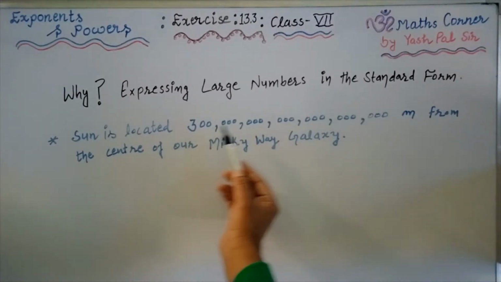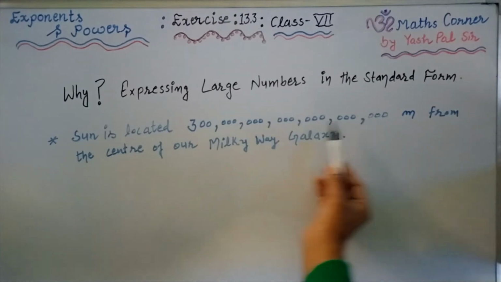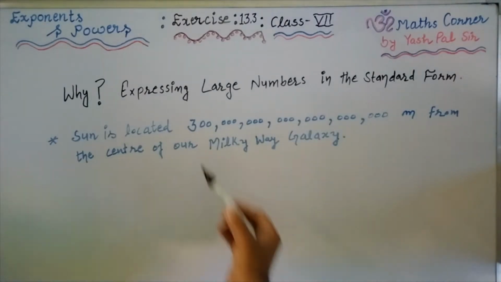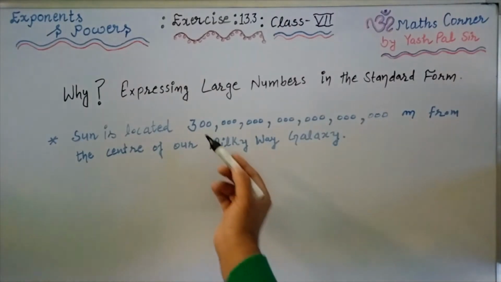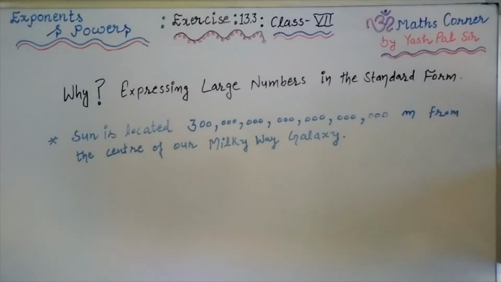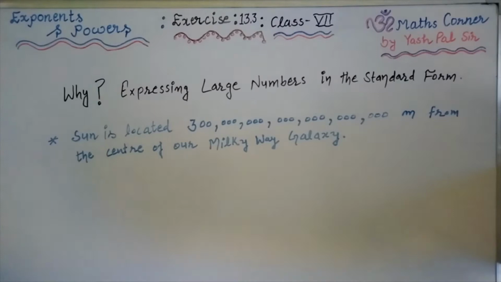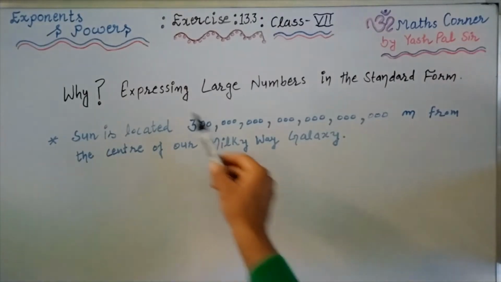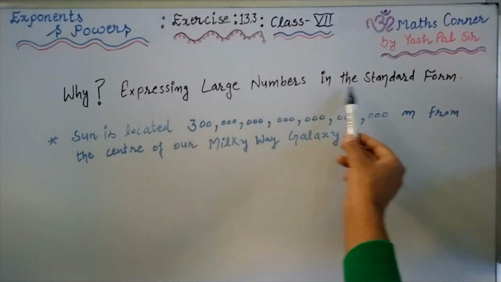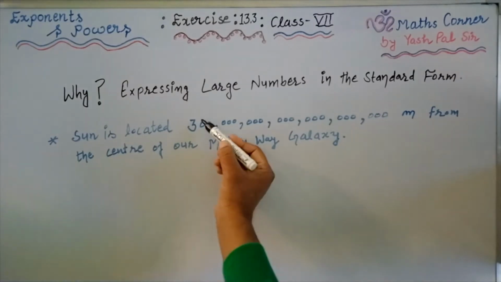We cannot read them. This is very difficult for a simple person to read, so to make this simple, we can take the help of exponents and powers by expressing large numbers in the standard form.